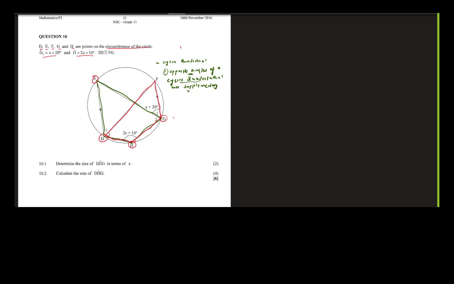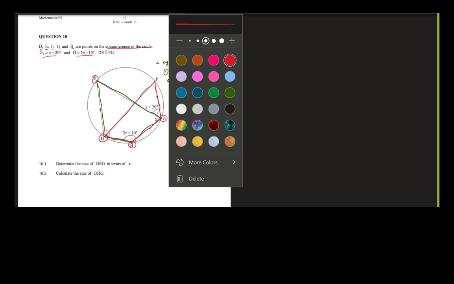H, good. Angle E, this angle E here is opposite to angle H. It means that angle E plus angle H, when you add them, they must give you 180. When we say opposite angles are supplementary, we simply mean that when we add them, they must give us 180.